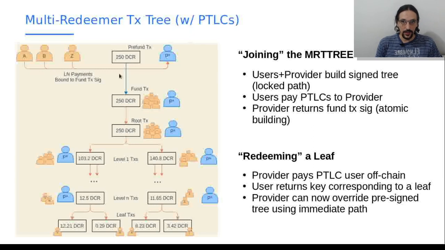The Mr. Tree construct is basically a binary tree of transactions that users can join by building this whole tree of transactions off-chain, and then signing and having this entire thing be a valid construct, then atomically swapping funds with an on-chain provider of funds.